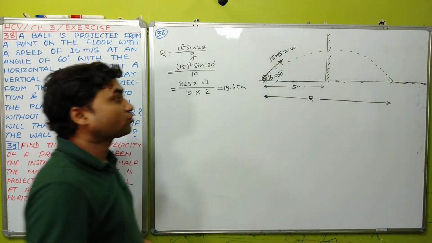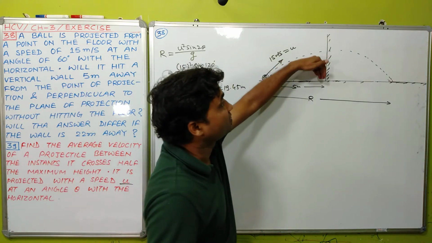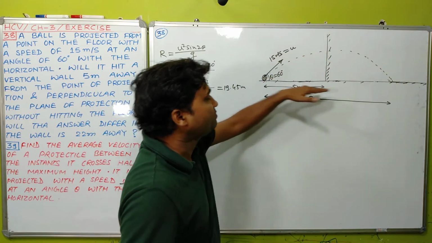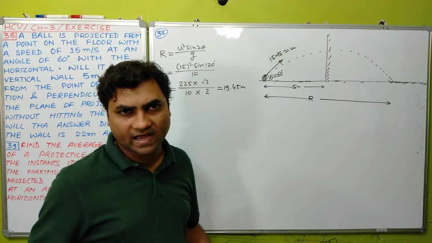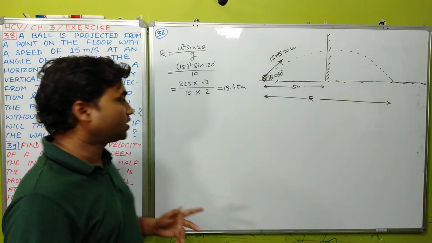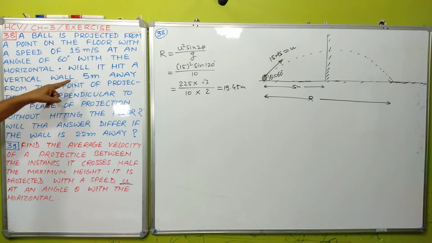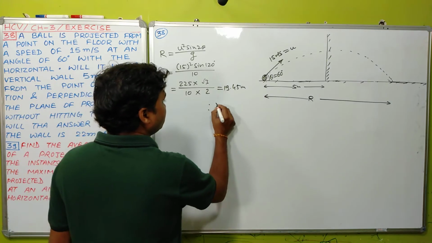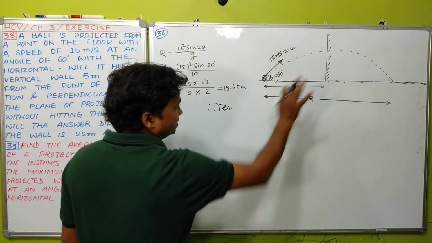Okay, but the problem is that there is a vertical wall exactly 5 meter, just 5 meter away. So what will happen? Obviously it will hit this vertical wall. So the question is, will it hit the vertical wall? Obviously it will hit the vertical wall. You can see it here.